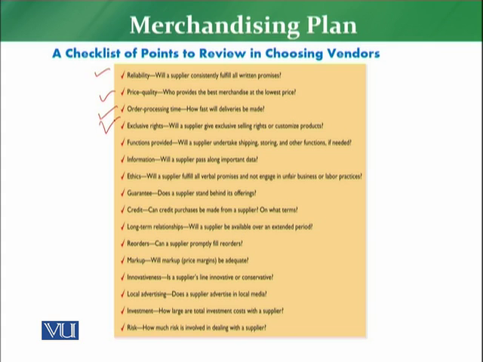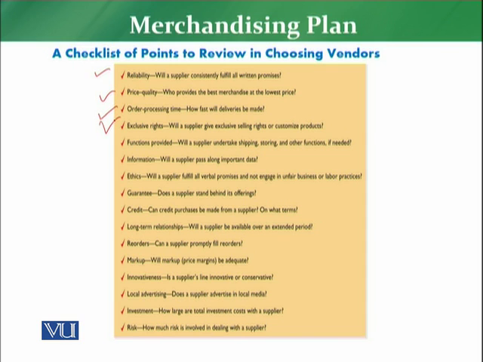And then exclusive rights, a very important point. Will the supplier give you exclusive rights of selling, or will the supplier make customized products for you? In both cases, if you observe internationally, for a particular retail store, in the case of food, the company normally develops a different size or measurement of the product. In that case you have the exclusive right to that particular size.